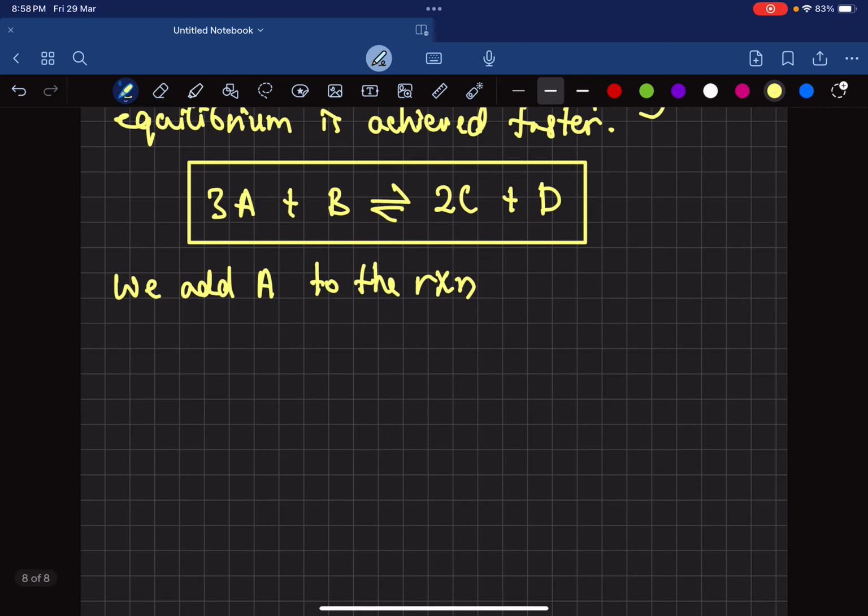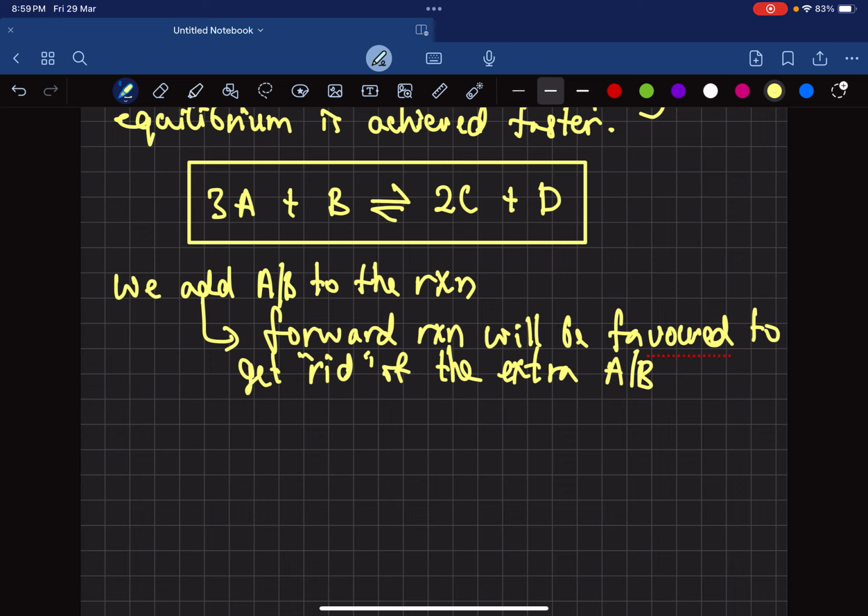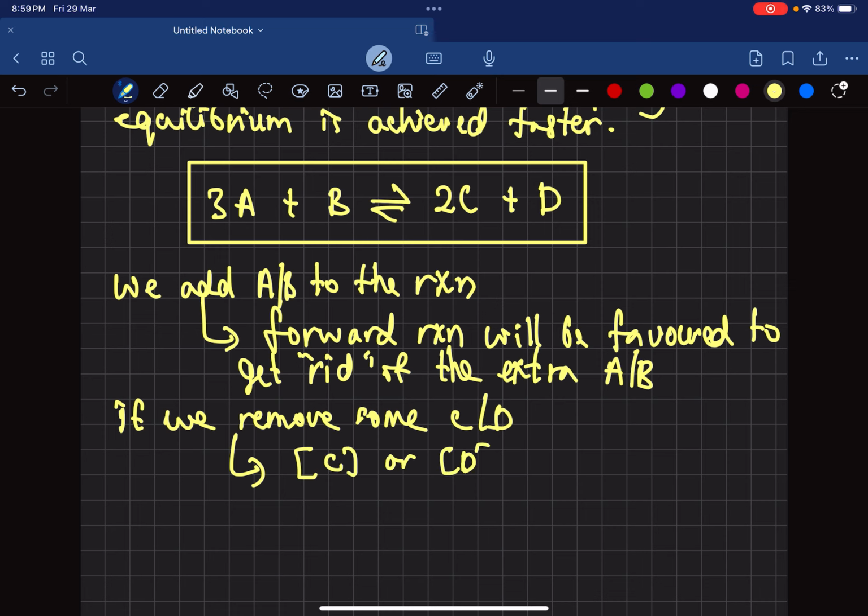When we add A, what will happen is the forward reaction will be favored to get rid of the extra A. So if we add A or we add B, the forward reaction will be favored to get rid of the extra A or B. Same thing if we remove some C or D, then the concentration of C or D will decrease, right?